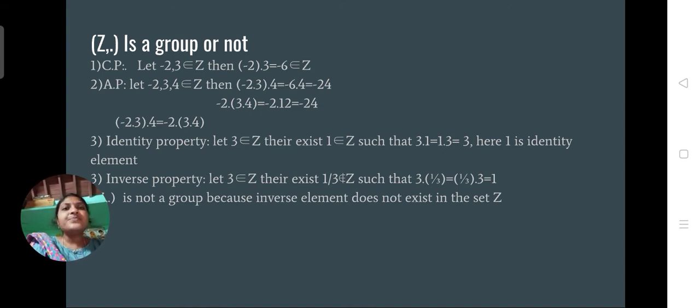So (minus 2 into 3) into 4 is minus 24, and also minus 2 into (3 into 4) is equal to minus 24.